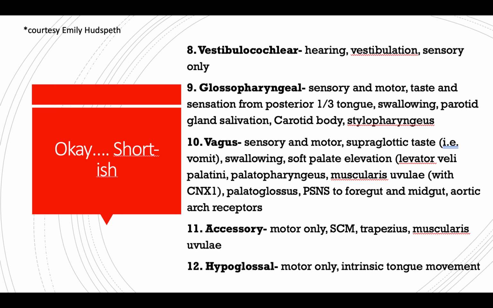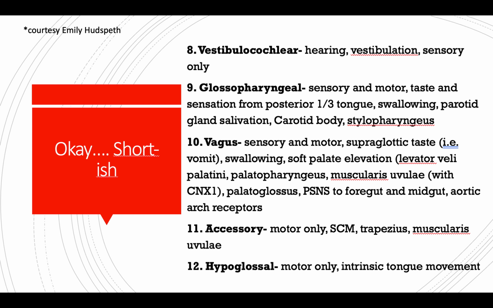So if you were to ever see somebody do a carotid massage to calm down, this glossopharyngeal nerve sends an afferent signal up to the brain to let you know that it's okay to lower your blood pressure and slow down your heart rate. And it does the motor function of the stylopharyngeus muscle.